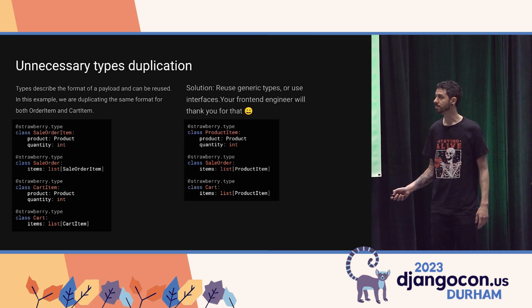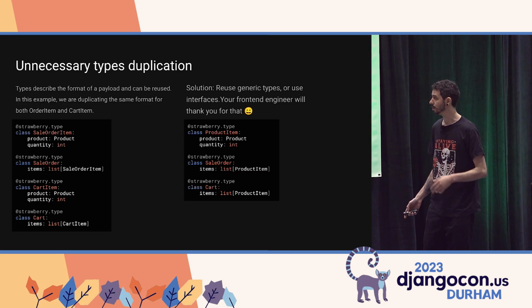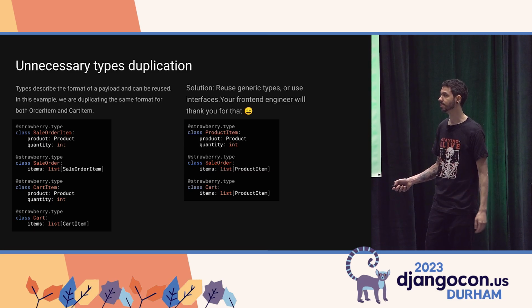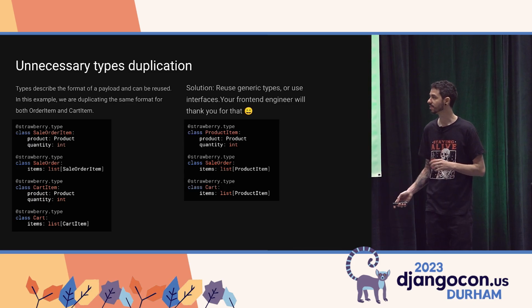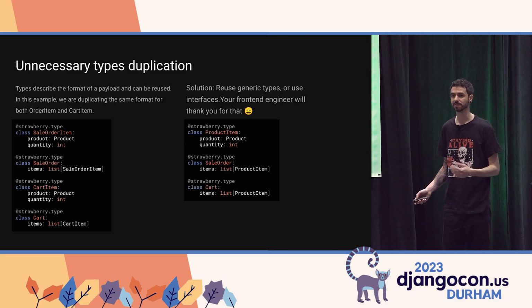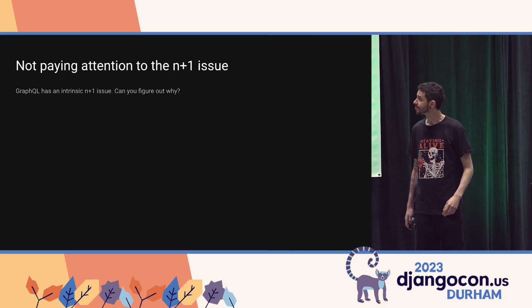Instead of duplicating this type, I can have a single type in here, product item, and say that the sale order and the cart both have a list of items, and expose it using the same type. Of course, sometimes I will have extra attributes in here, and for this I could use interfaces, which I am not covering today due to the lack of time, but think of them as like protocols in the Python typing system.